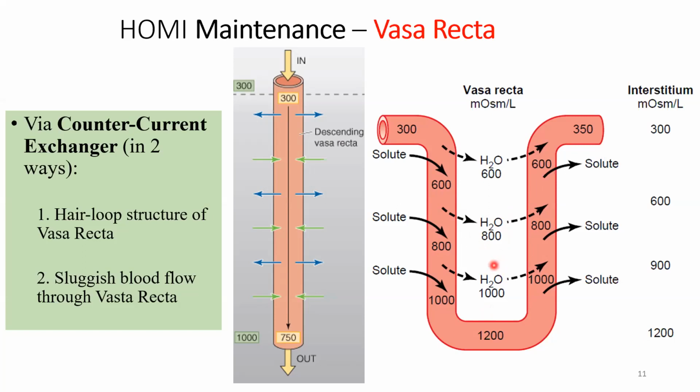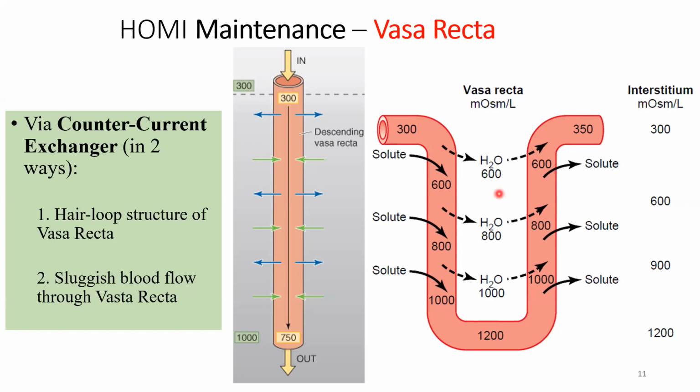Another thing is if you notice the 300 and the 350. So this osmolarity of the leaving fluid is a tad more than what came in, right? So any extra salt is also taken up by the vasa recta. Any extra salt, okay? So you need just enough salt to create the HOMI, do the business of extra water reabsorption, but at the same time not form crystals.